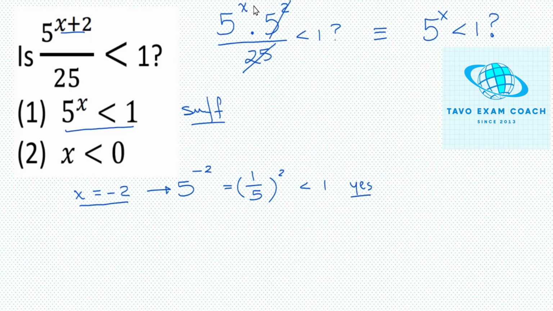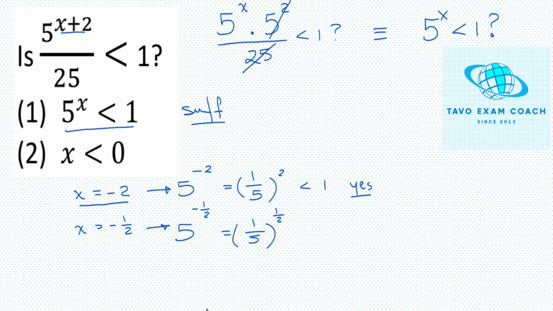But does this work the same for all negative numbers, negative exponents? What about this, negative 1/2, which is a negative decimal, right? Well, let's see, just in case. 5 to the negative 1/2, this is the same as saying 1 over 5 to the 1/2.